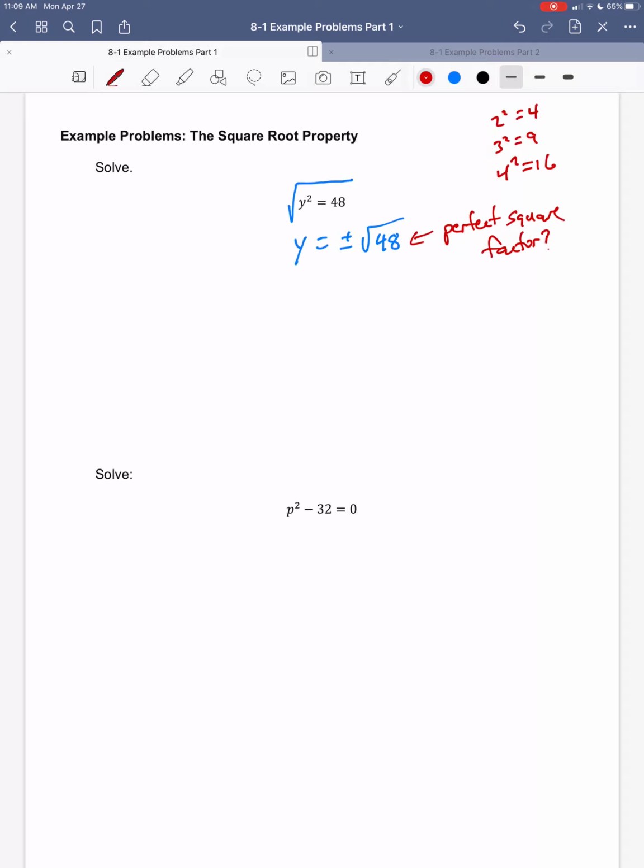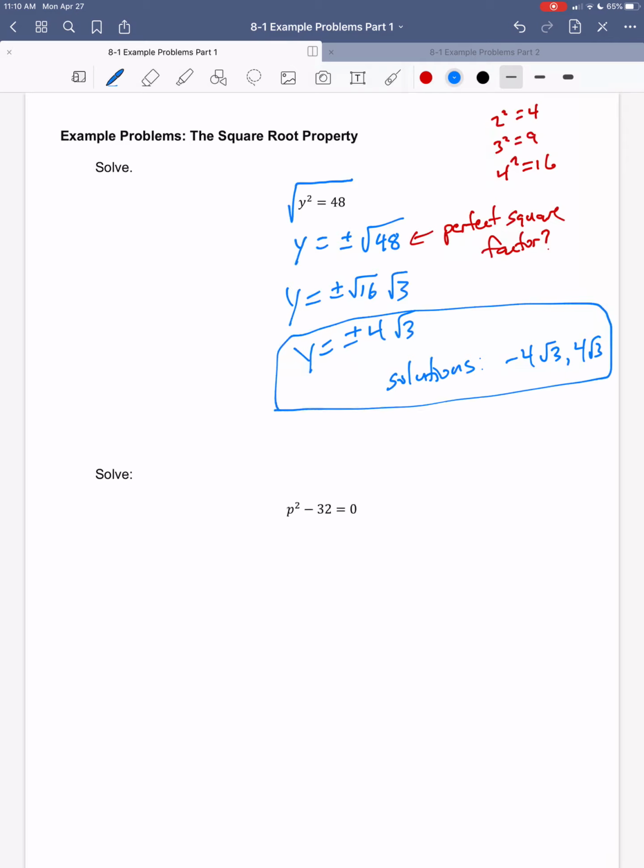So I can break this up as 16 times 3, so square root of 16 times square root of 3. So y would be plus or minus 4 times the square root of 3. And instead, if you'd want to, you could say that the solutions are negative 4 square root of 3 and positive 4 square root of 3.